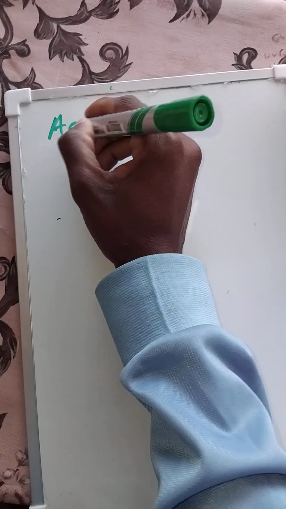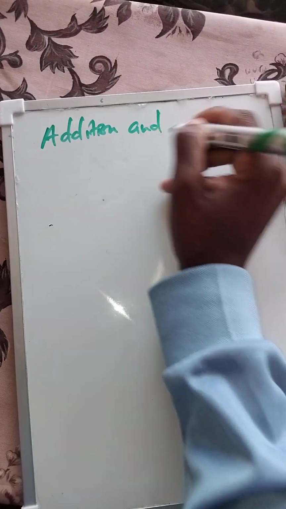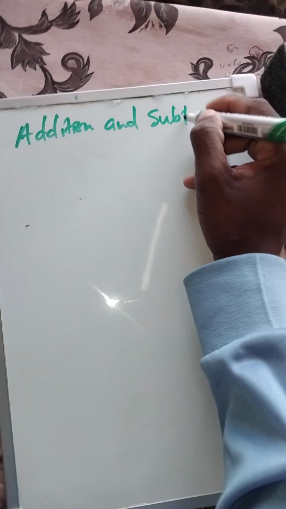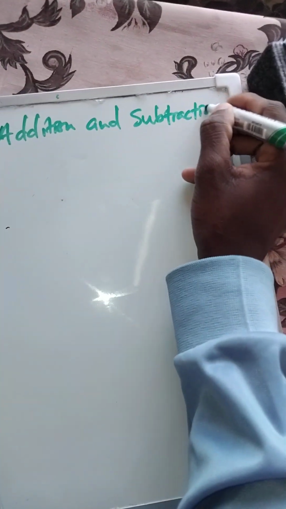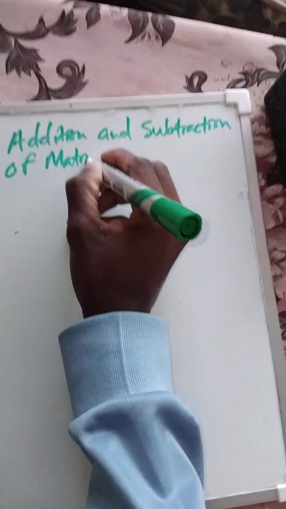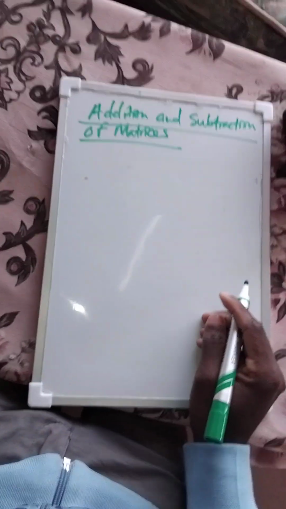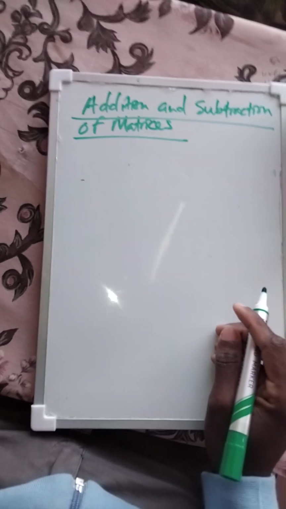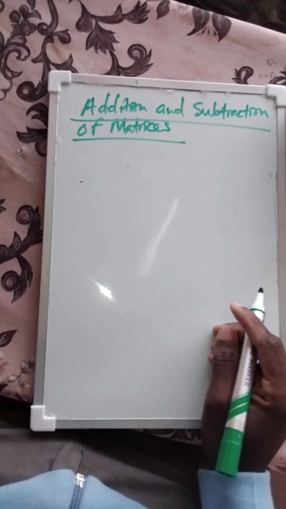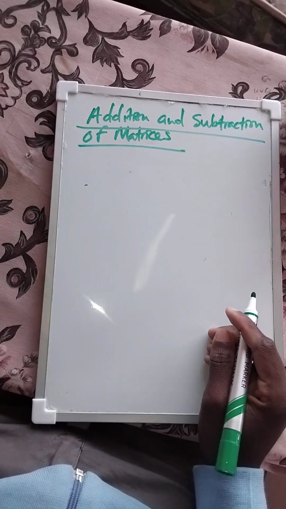Alright, addition and subtraction of matrices. It is sometimes possible to add and subtract matrices. The process is carried out by combining all corresponding elements.